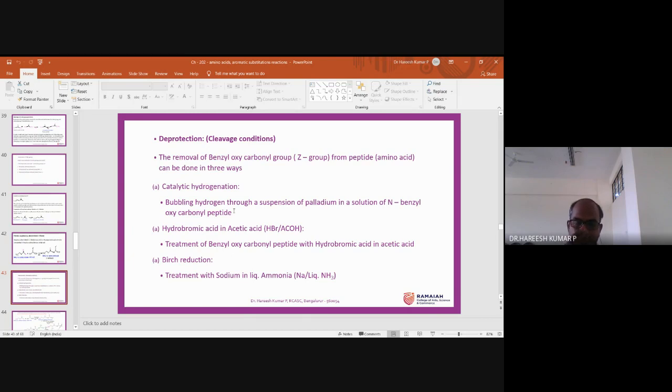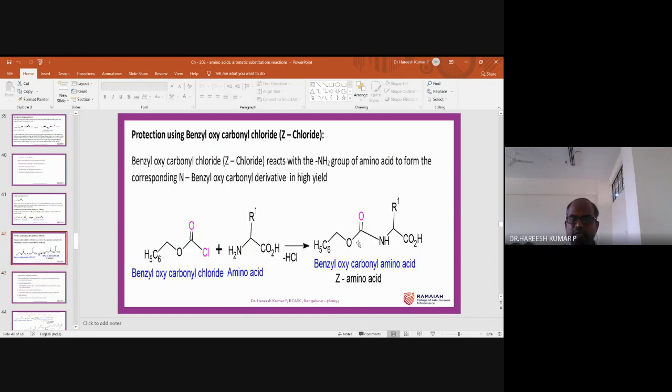That hydrogen cleaves the group, releases CO2 and converts the benzyl oxy group to benzyl alcohol. And one more thing is also happening here. Look here. H2, one H will add here.